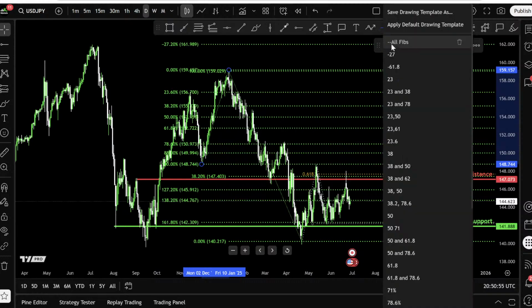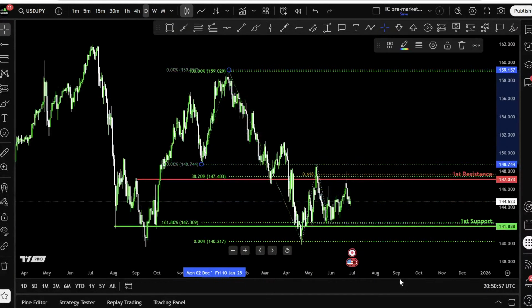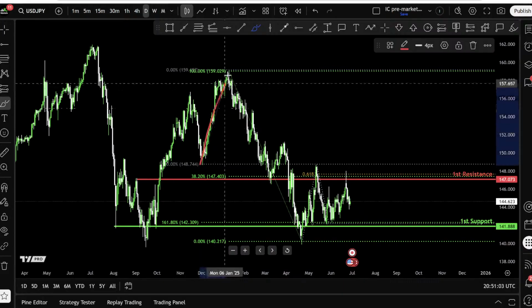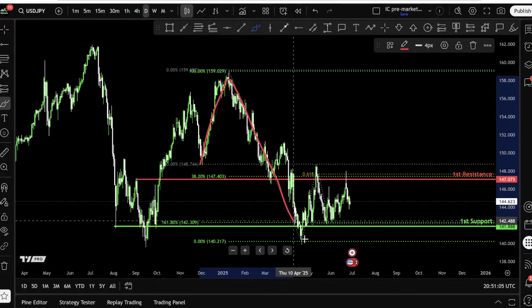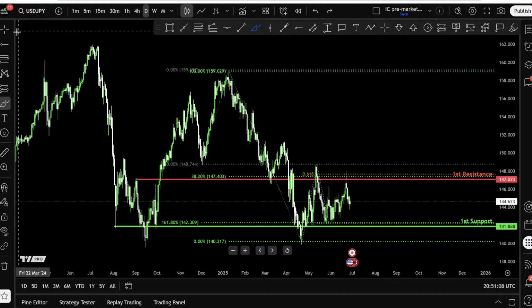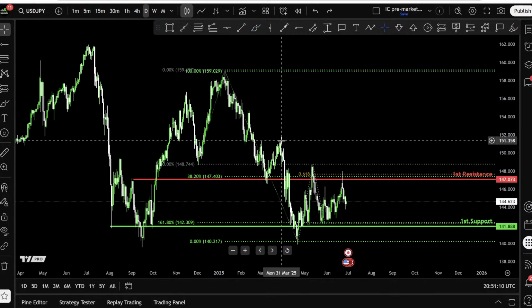Okay, my 161 lines up nicely. So what we have here is an inverted Nike tick shape. Okay, I think that's all the levels we have.